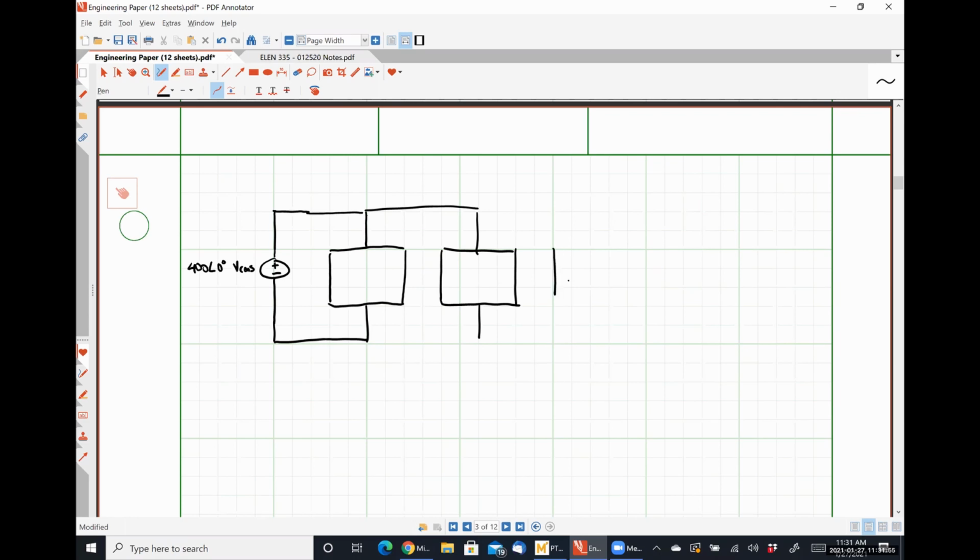And let's do a third one over here. So we have 3 loads in parallel. Let's say that load 1 is an electric motor of some sort.